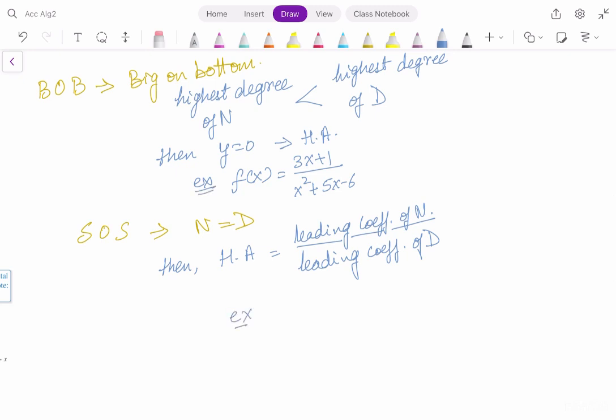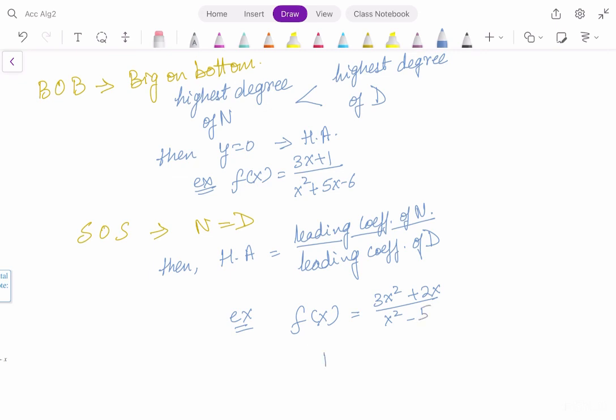Let's take another example. So f of x is equal to 3x squared plus 2x divided by x squared minus 5.